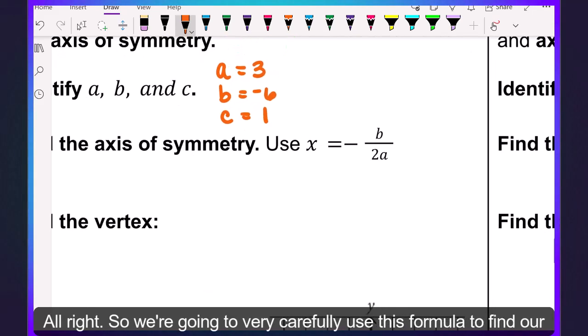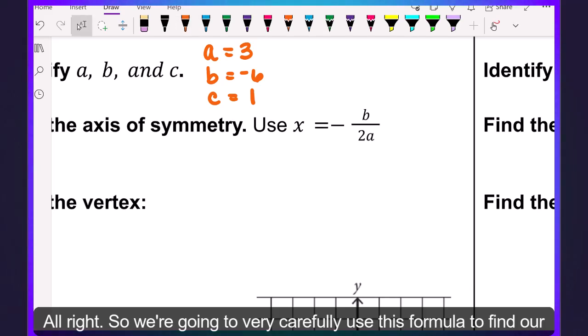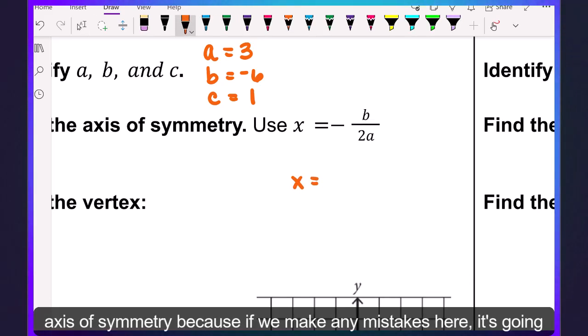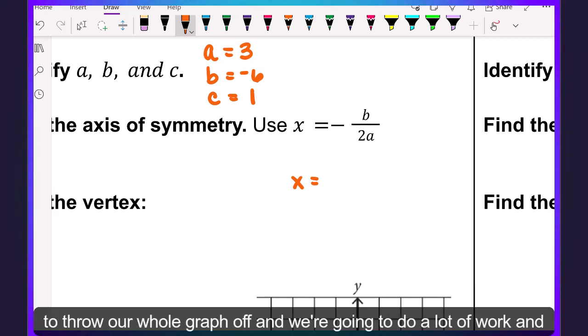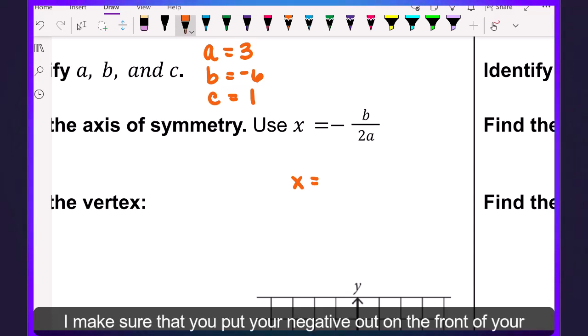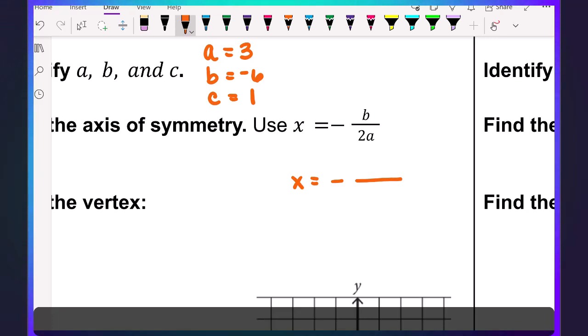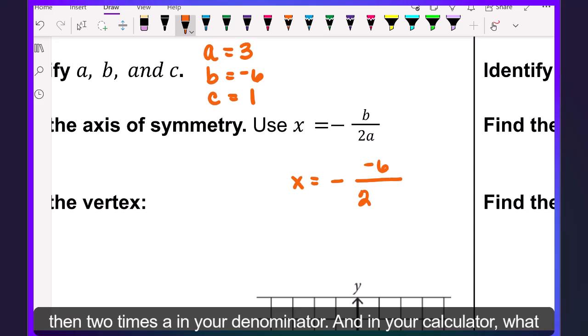All right, so we're going to very carefully use this formula to find our axis of symmetry, because if we make any mistakes here, it's going to throw our whole graph off and we're going to do a lot of work and it's going to be wrong. So make sure that you put your negative out in the front of your fraction. Go ahead and substitute b in the top, and then 2 times a in your denominator.